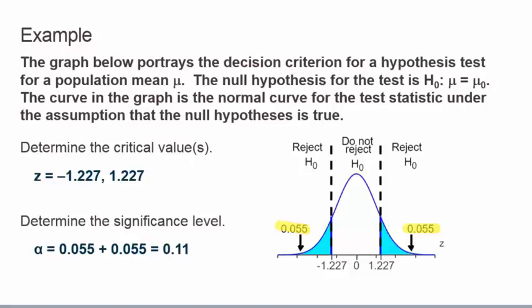Another method to find alpha is to take one of our areas and multiply it by 2.